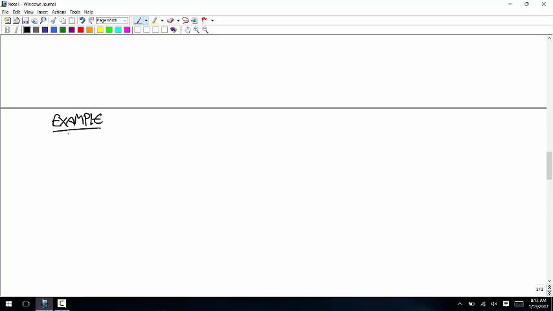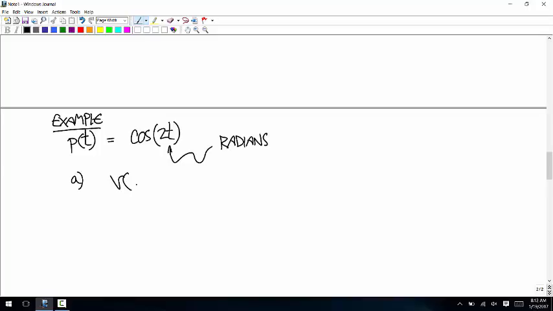Okay, so for the next example, let's say the position function is cosine of 2t, where this angle is given in radians. So first, calculate the velocity as a function of time.